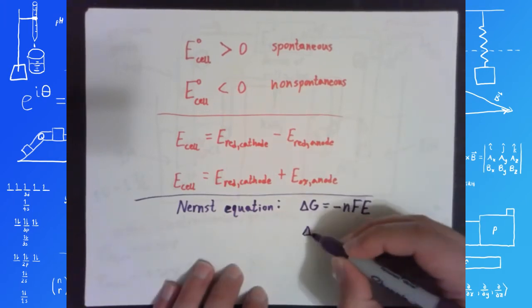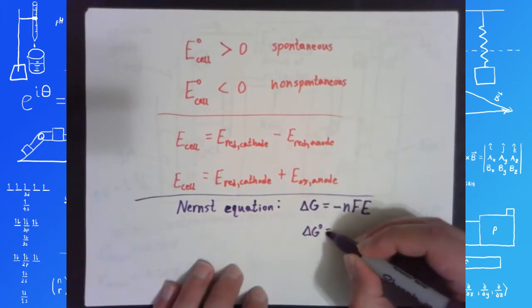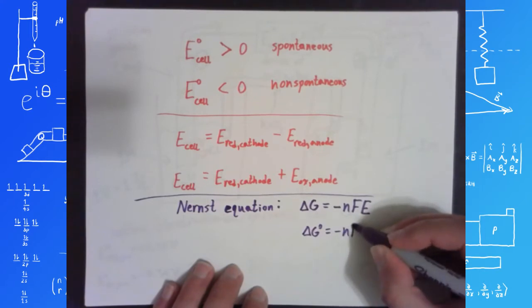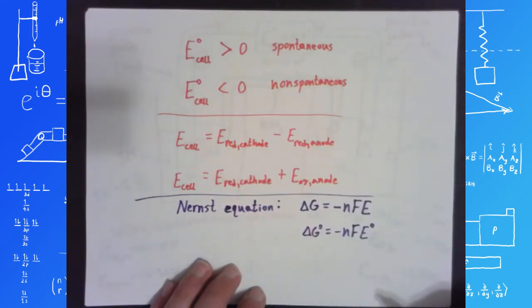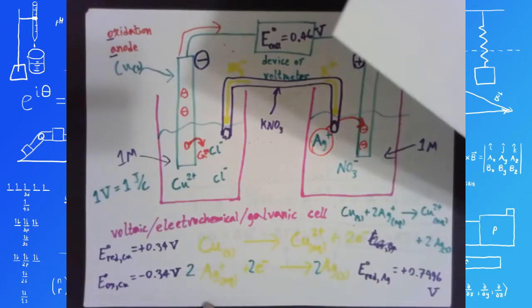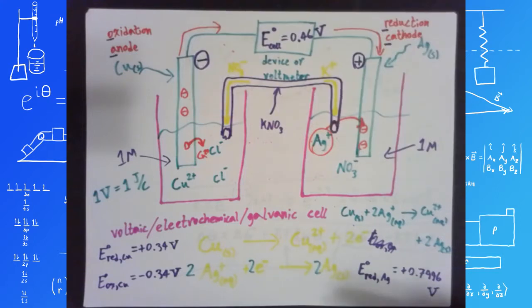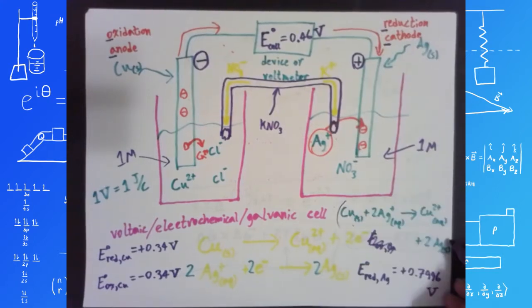Or, alternatively, delta G standard equals negative NFE standard, where E, of course, is E cell. Or it doesn't even have to be a cell. It can just be the overall reaction that happens across both half cells.